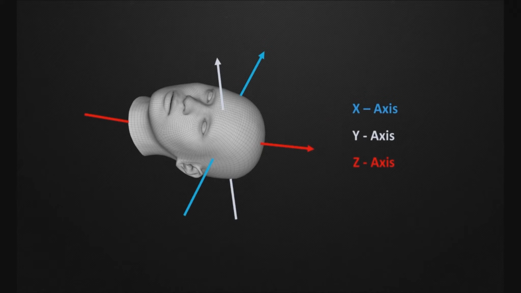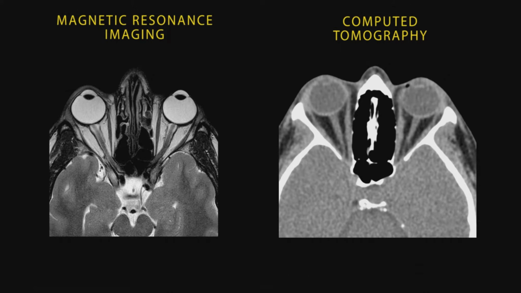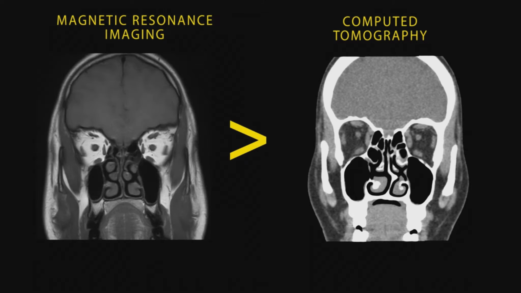MRI assesses the body in different axes, thus producing axial, coronal, and sagittal sections. The lack of ionizing radiation exposure and a higher soft tissue contrast makes MRI the preferred modality for assessing ocular and orbital anatomy and pathology.